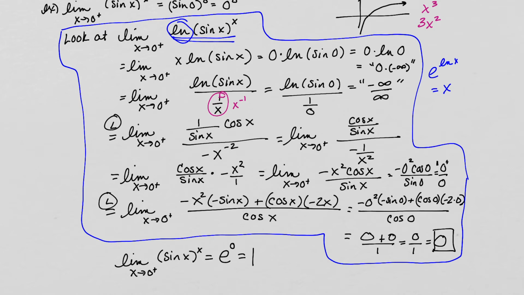Since my original problem is just the limit of sine x to the x, and I now found that the answer to the limit that has the natural log in it ends up being 0, I need to undo the natural log. I added that natural log in at the beginning of this problem, and now I need to undo it.